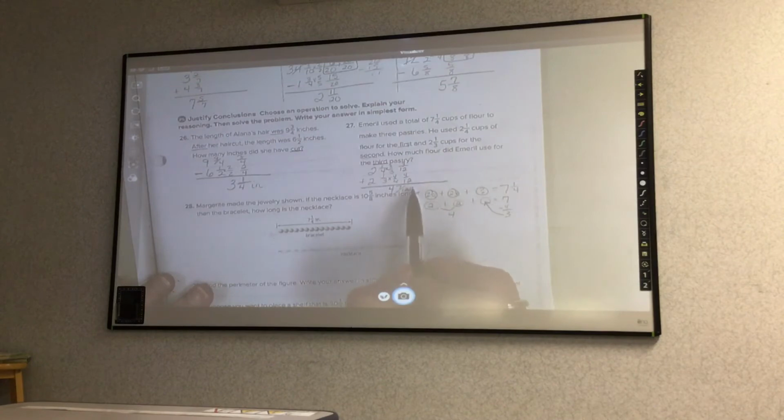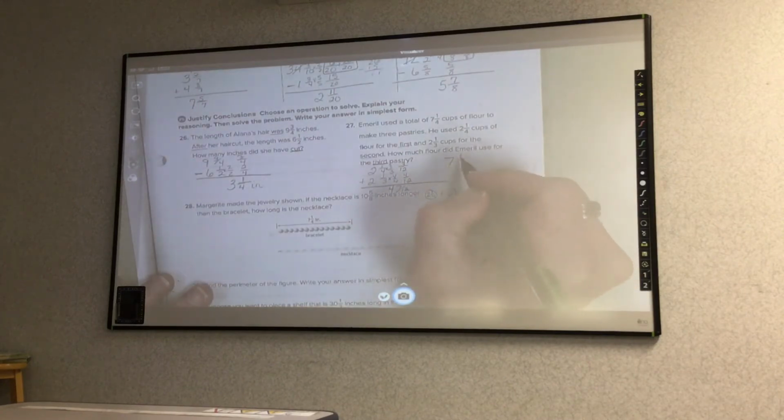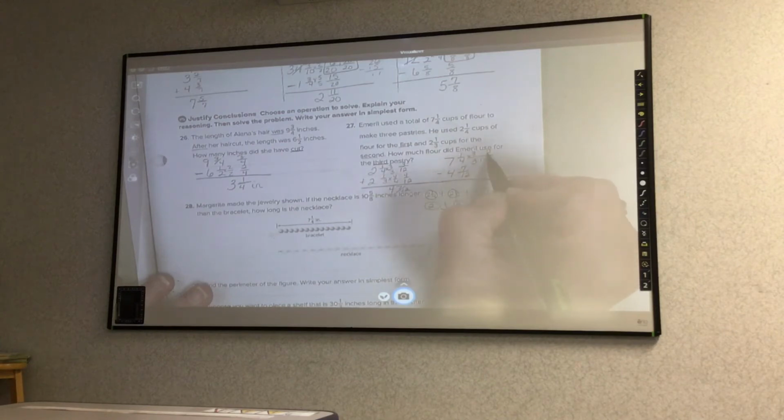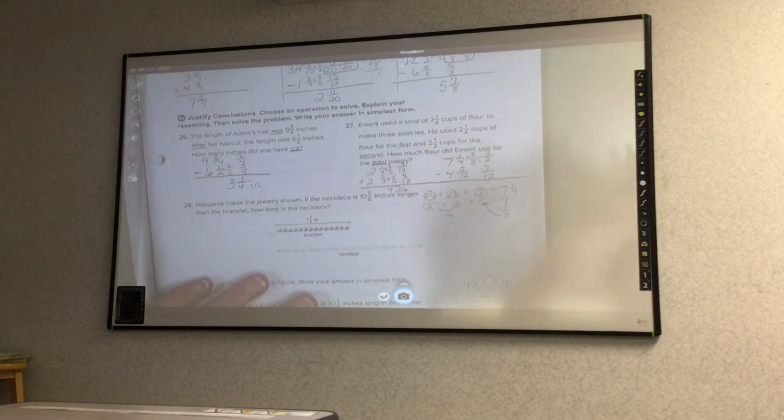So for the first two, it took 4 and 7/12, but then I need to subtract that from the 7 and 1/4. So 7 and 1/4 minus 4 and 7/12. Common denominator is going to be 12. So now I have 3/12 minus 7/12. Can I take 3 minus 7? No. So you borrow. The 7 becomes a 6. And I add 12/12. Put a box around it.